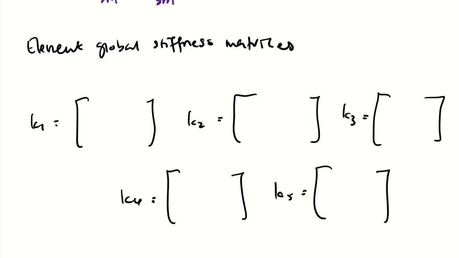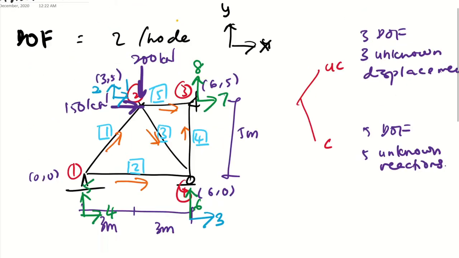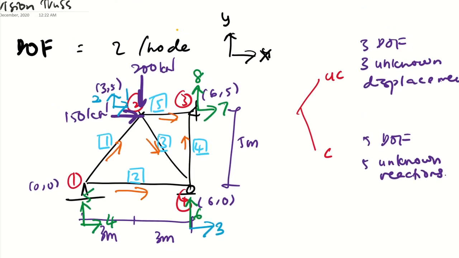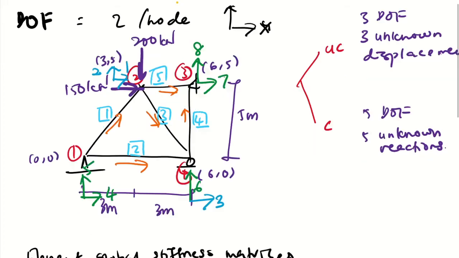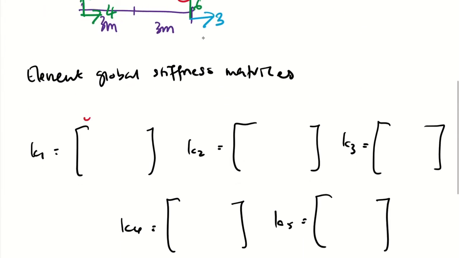For K1 the label is 4512. For element number 2 it is 4536.